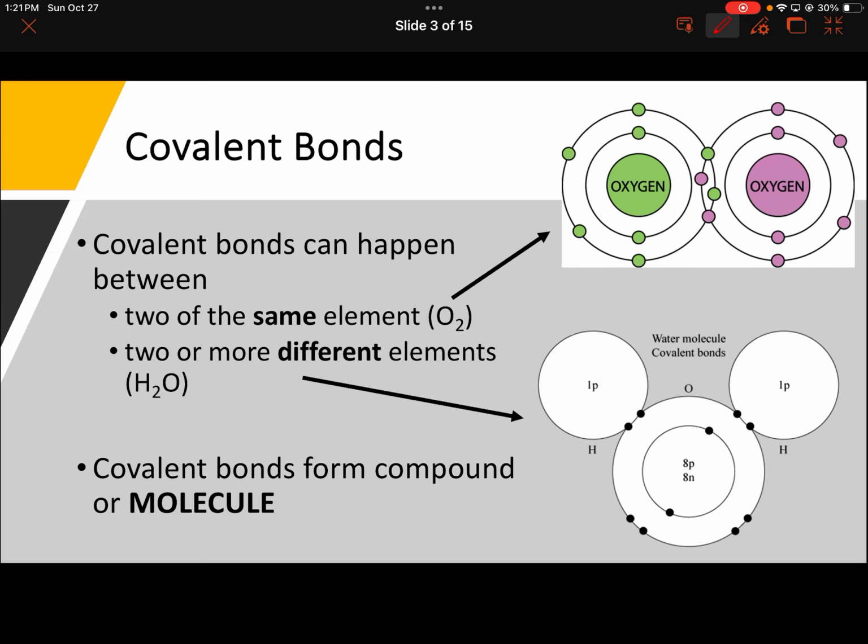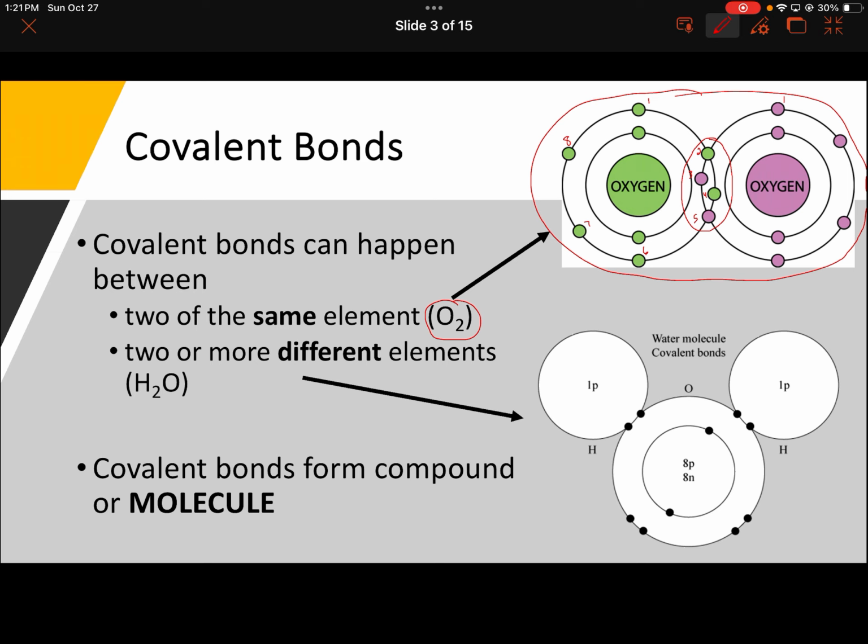So covalent bonds, it can happen with 2 of the same elements. If we look at this picture up here, our formula here, O2, we see these electrons in the middle. Those are shared with the oxygens. So this oxygen has 1, 2, 3, 4, 5, 6, 7, 8 electrons in the outer energy level.